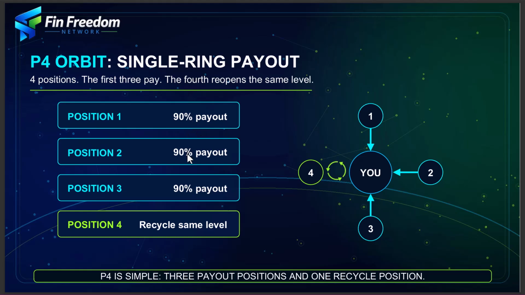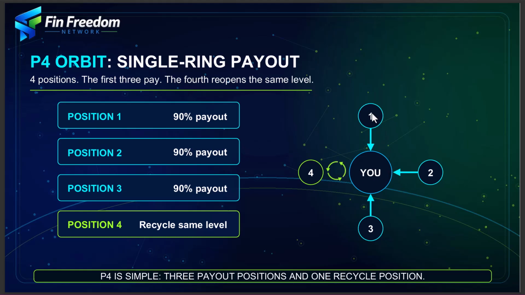While 10% of each of the positions goes to the NFT pool. So in this P4 orbit, there is little or no spillover like that. So income is earned based on your direct referral. Okay, direct referral means you are the one that signed those people into the business. You are the sponsor. You are the direct sponsor.